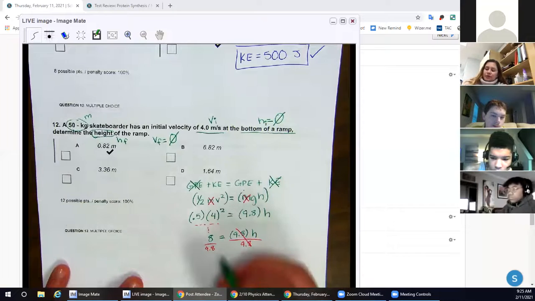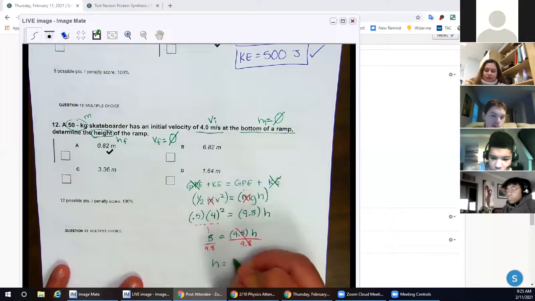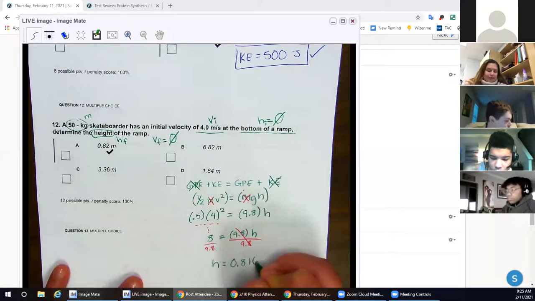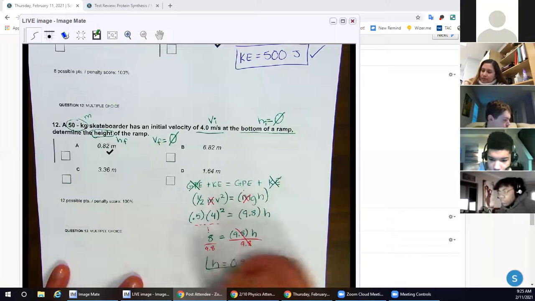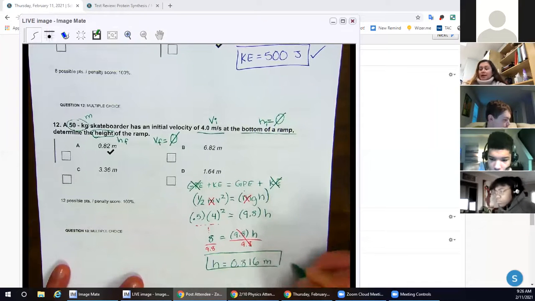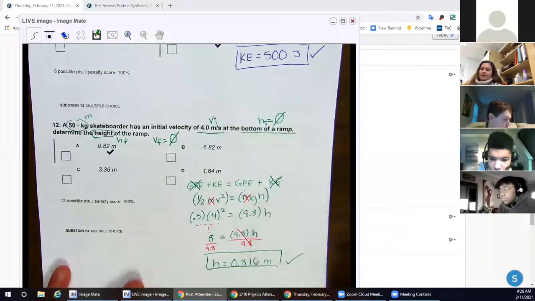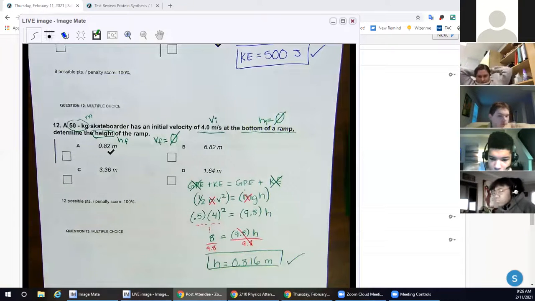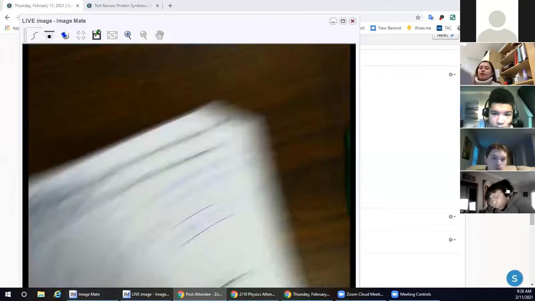So all you're left with is your height, which is equal to 0.816 meters, which rounds to 0.82. Any questions on this one? Numbers 11 to 12, any questions? All right, we're almost done.